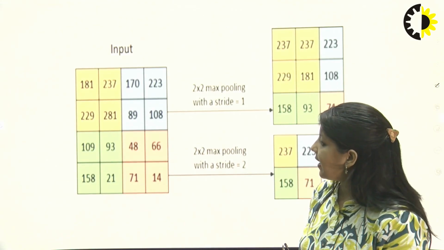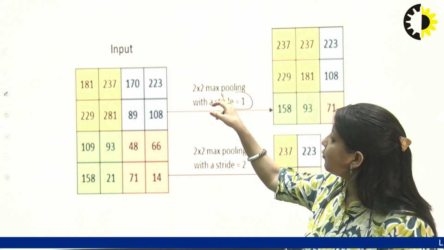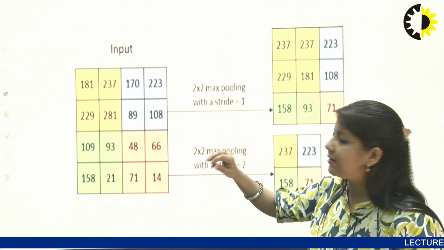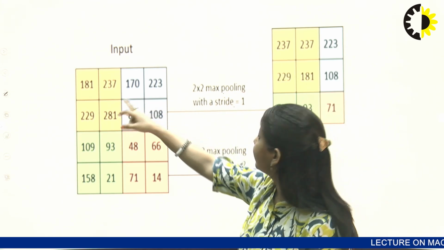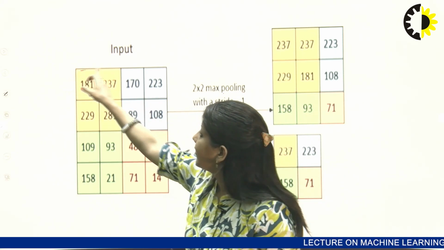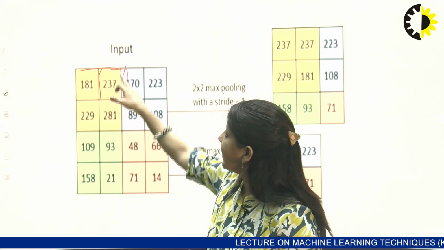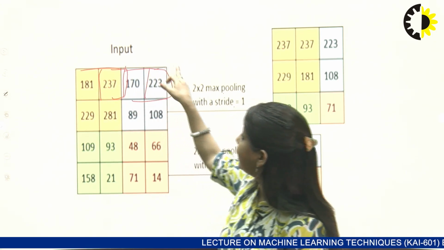So how can we apply the slide here? If stride is 1 and we are using 2 by 2 max pooling, how can we use this? With stride 1, we apply the filter on this box, then on this box, then on this box.